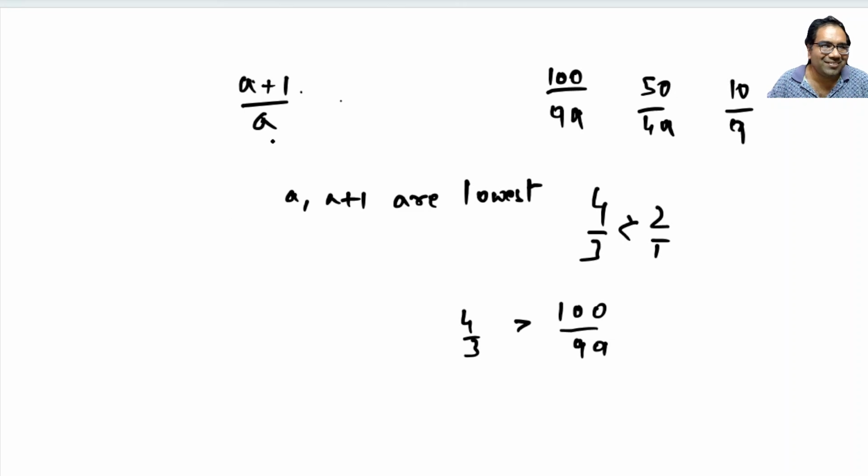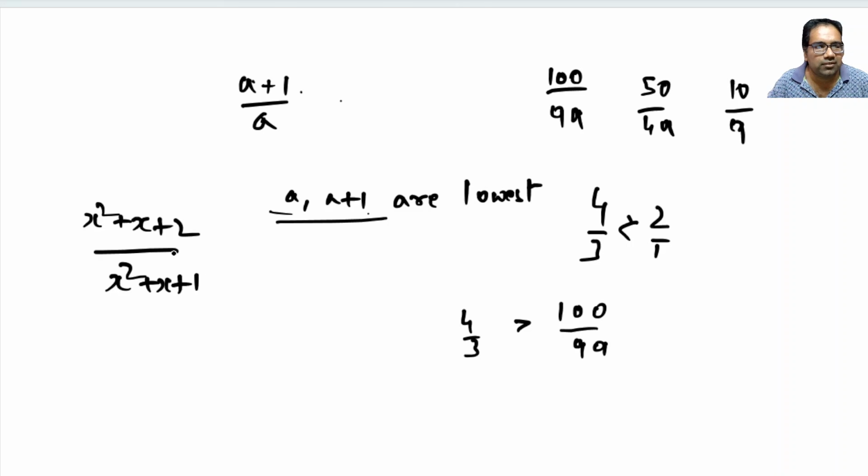Right, guys. So, now when are these lowest? That is the question. We have x square plus x plus 2 and x square plus x plus 1. The value of the fraction is highest when both are lowest.